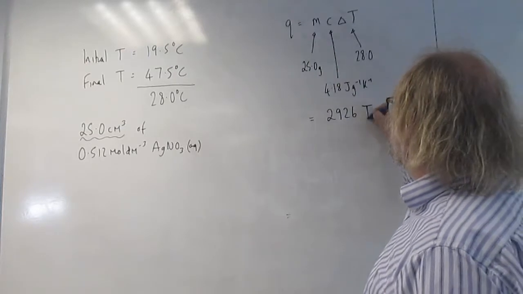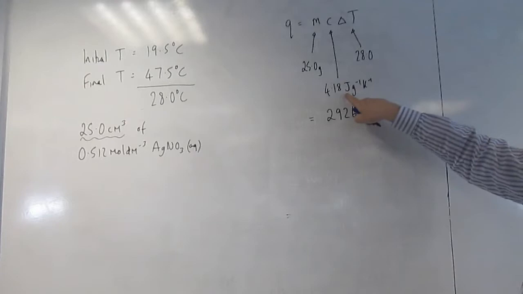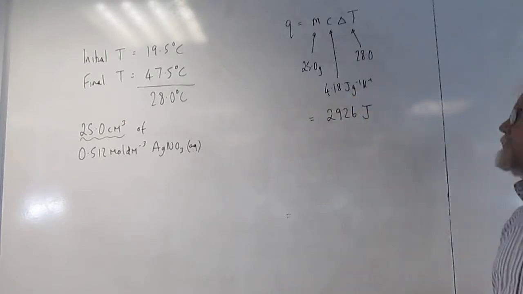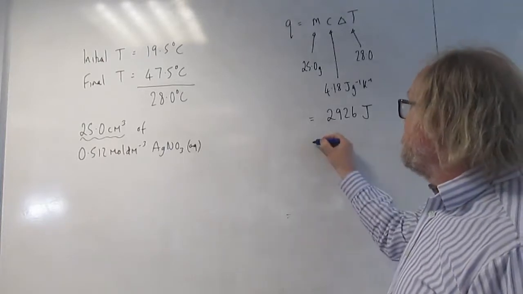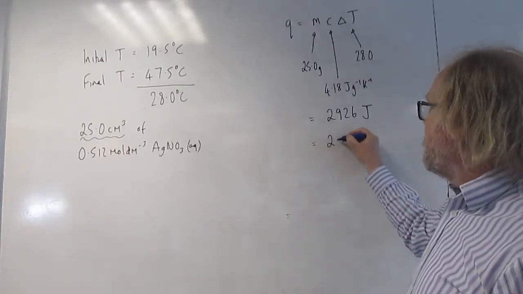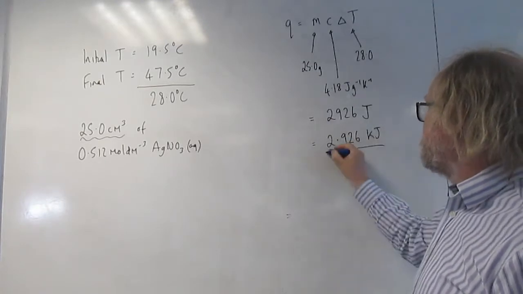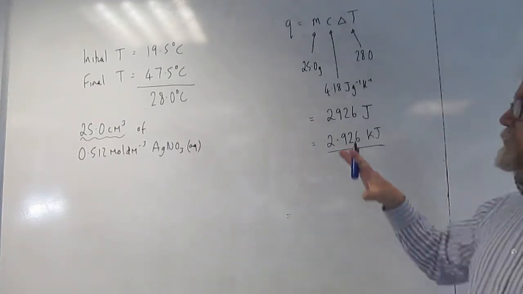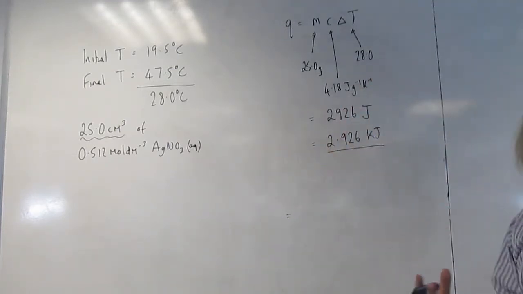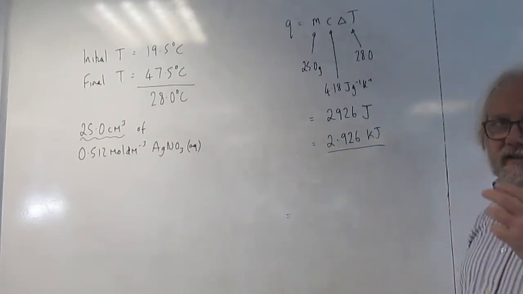And that will be a value of Q in joules, not kilojoules, because you can see that the input unit was in joules, therefore this will be in joules. Delta H, on the other hand, is in kilojoules per mole, so the first thing we can do is divide that by 1000 to then turn it into kilojoules. But that's not delta H, that's just the amount of heat produced in this particular reaction. And what you want to know is the amount of heat produced when the moles shown in the equation react.